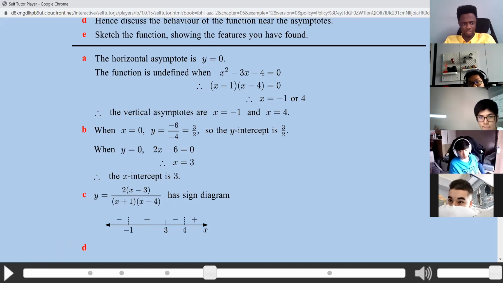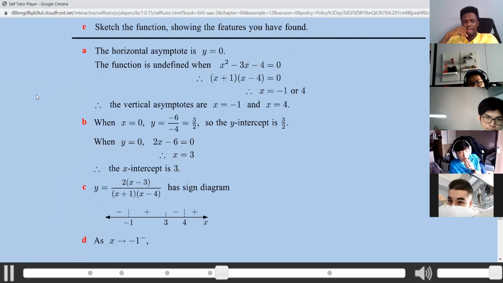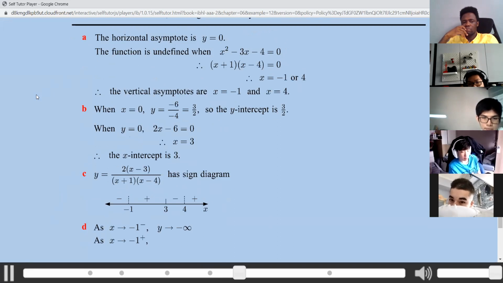All right. The sign diagram helps us describe the behavior of the function near the asymptotes. To the left of -1, the function is negative. So as x tends to -1 from the left, the function tends to -infinity. Just to the right of -1, the function is positive.